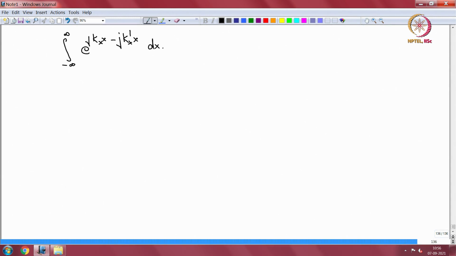Okay, so let's see now. First, the definition of a Dirac delta function.